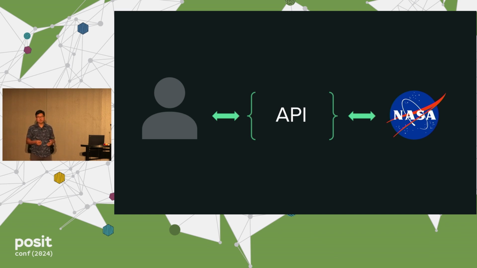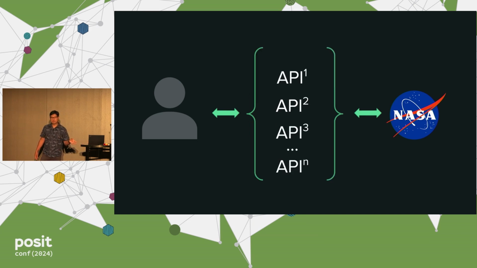NASA developed APIs to get to that information, but because historically this data has been distributed in these different domain-specific data centers, something happened with the evolution of these APIs: every data center in NASA has their own set of APIs and their own ways of getting to the data.